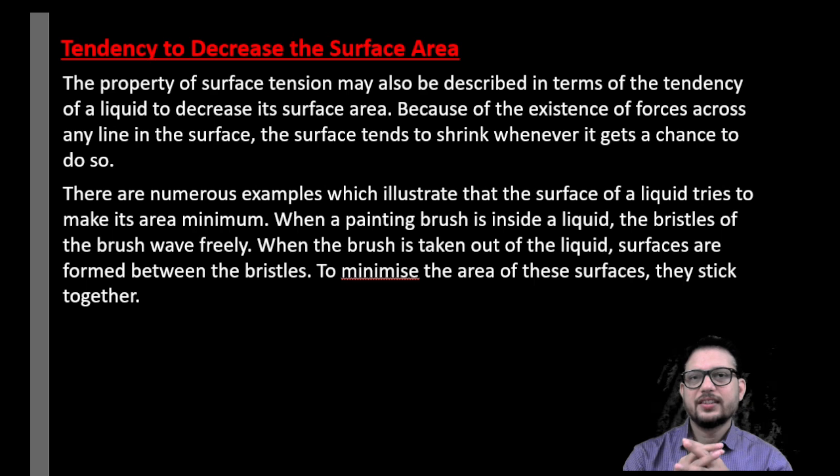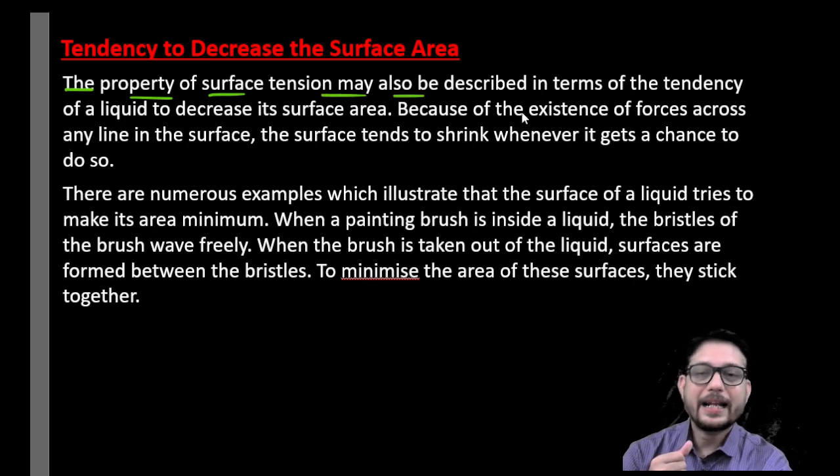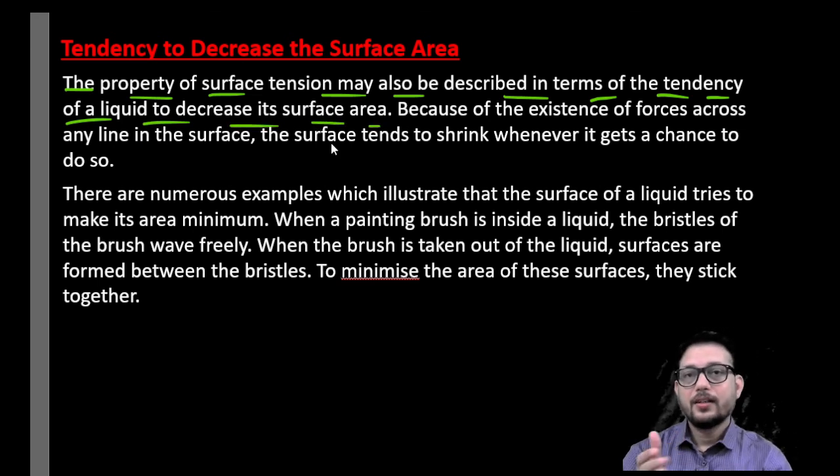It means whenever there is any opportunity for the liquid surface to shrink, it tries to decrease the surface area. Okay, so here it is written that the property of surface tension may also be described in terms of the tendency of a liquid to decrease its surface area. What does it mean?